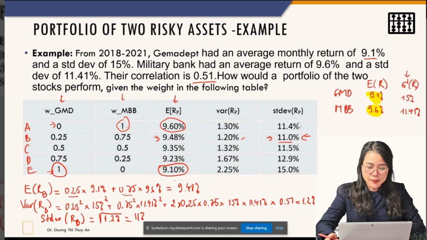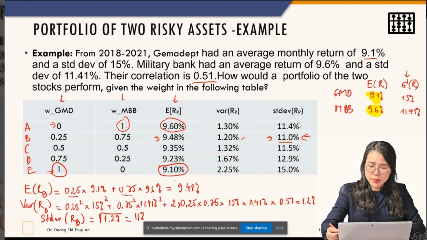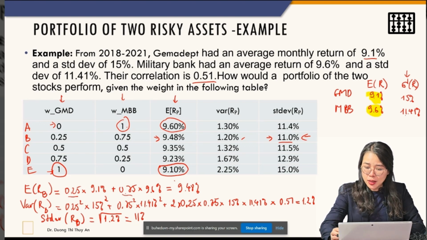Look at the single standard deviation of GMDF and MBB. Within the two financial assets, MBB had lower standard deviation, or lower risk, only 11.41 percent.